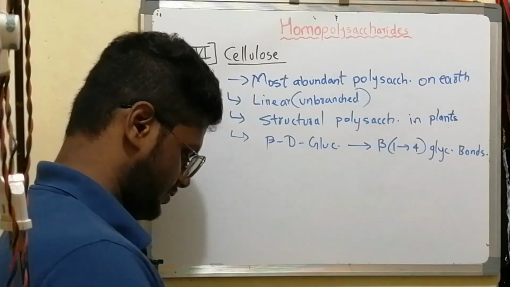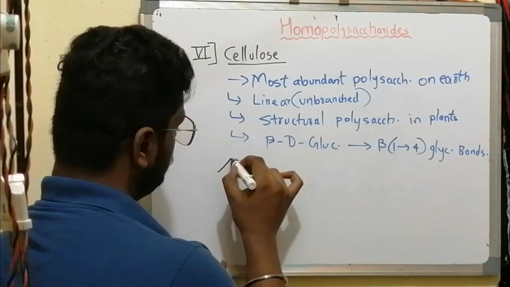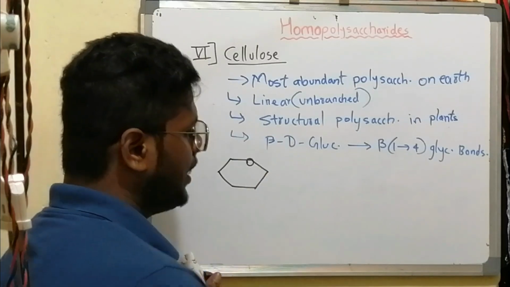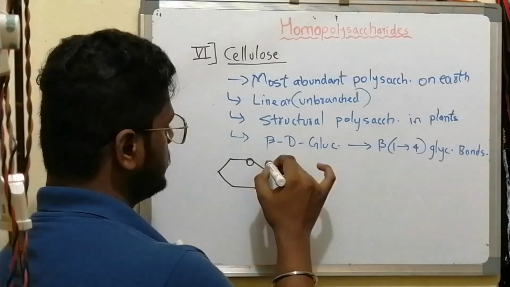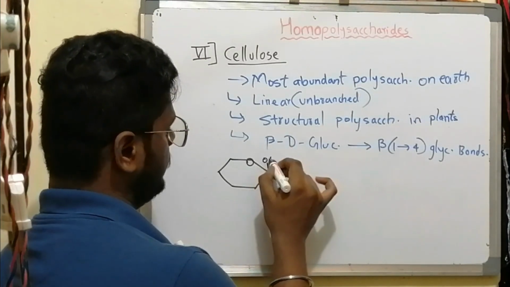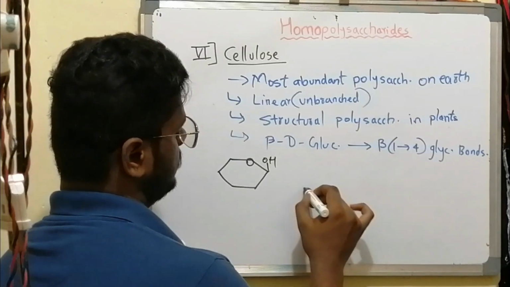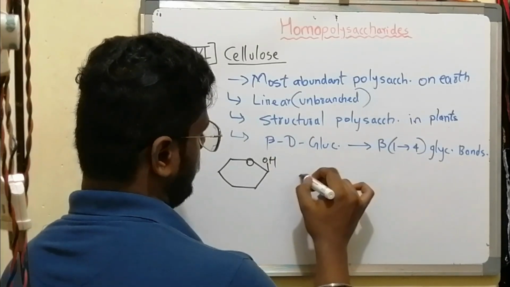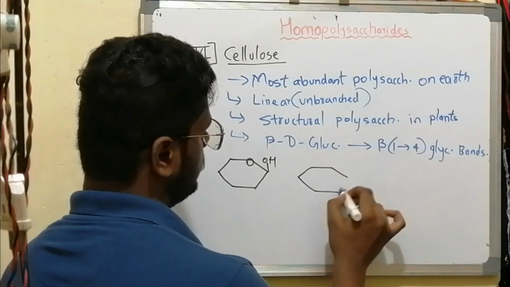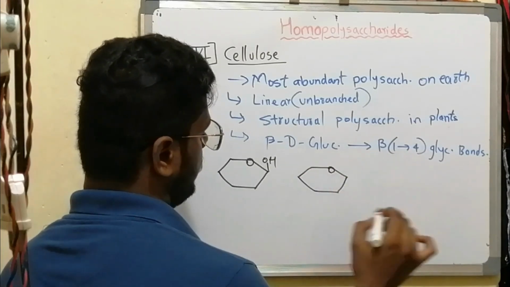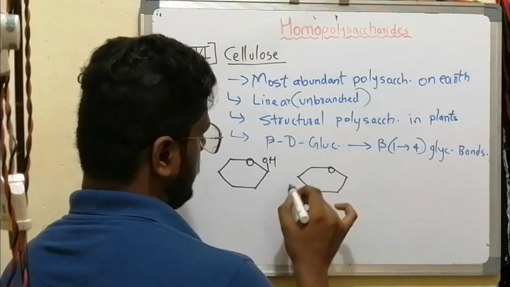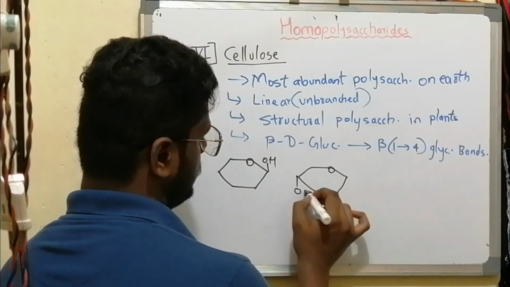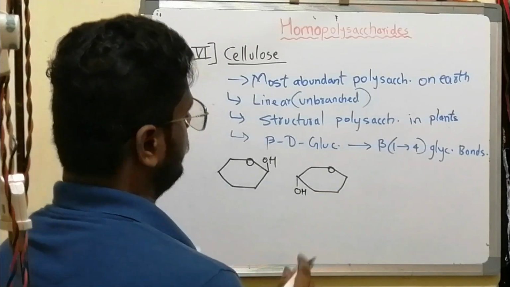So we will be having glucose, and beta means at C1 the OH will be present upwards, right? Rest all will be the same. Here we have the next glucose, same hexagon, oxygen. At C4 the OH is present downwards, right?